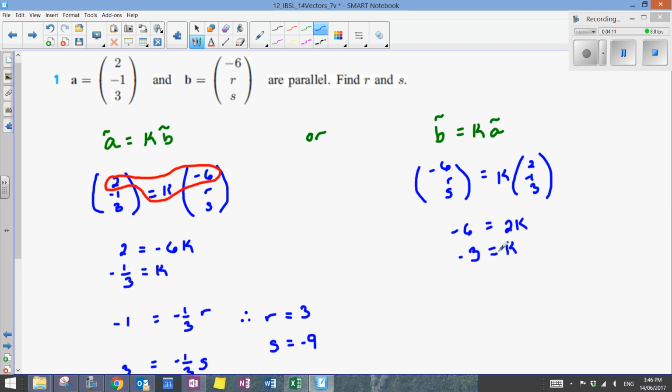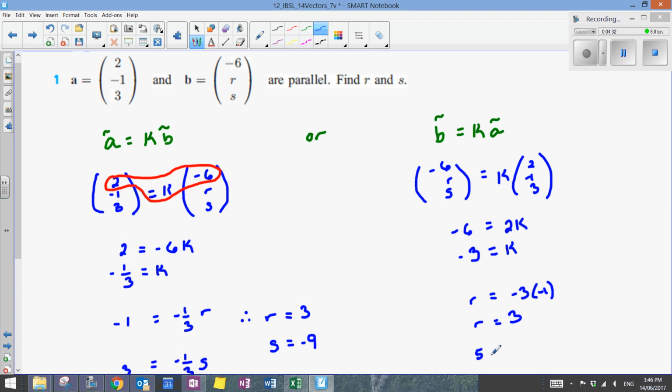Now our scalar will be different. We're told they're parallel, so can we still find our R and our S value? We can take R is equal to -3 as our scalar multiplied by -1. So R is still going to be +3.